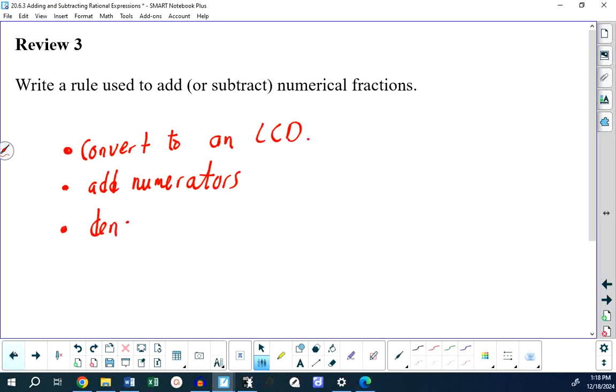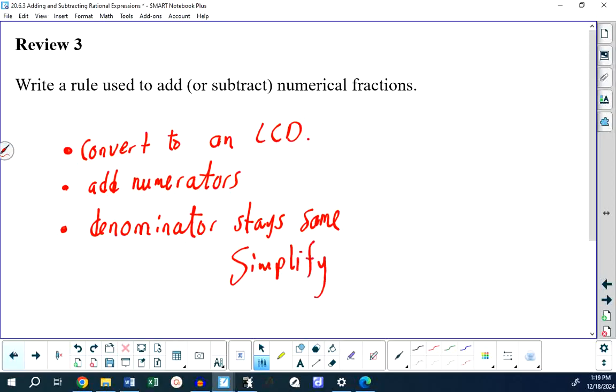Denominator stays the same. And then, kind of like what we said when we were working with radicals, you always want to simplify. You always want to stop at the end and look at the finished product and say, can I simplify that a bit or at all?